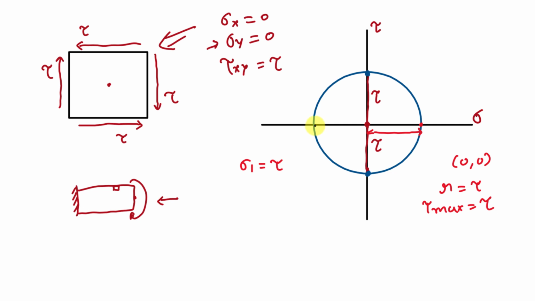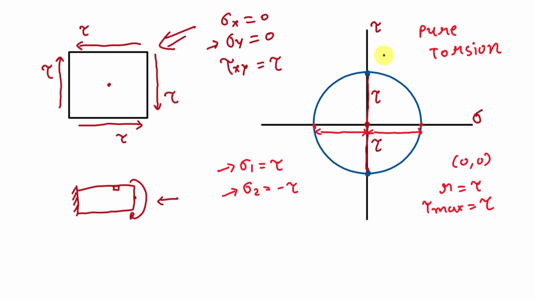And here we will get the minimum principal stress, that is this distance, and this distance is also tau, but it is in the negative direction, so sigma 2 is minus tau. So the maximum value of principal stress is tau and the minimum value of principal stress is minus tau. And this is the Mohr circle for pure torsion.